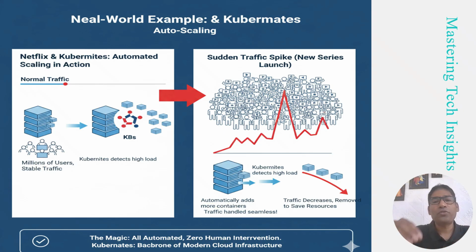When traffic goes down, it removes all the extra containers to save resources. All of this happens without human intervention. That is automation in action. And that's why Kubernetes has become the backbone of modern cloud infrastructure.